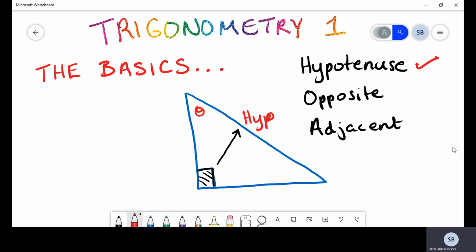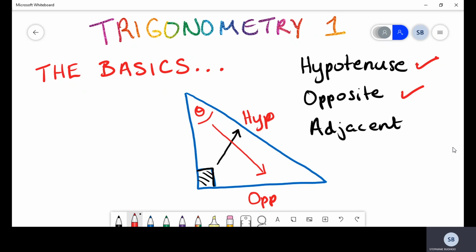So for example, if our theta were in this location at the top, then the line that is opposite that angle of theta would be called our opposite. And we'll denote it by OPP for short.